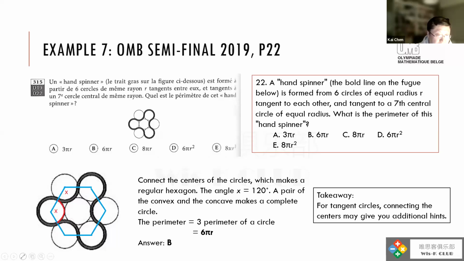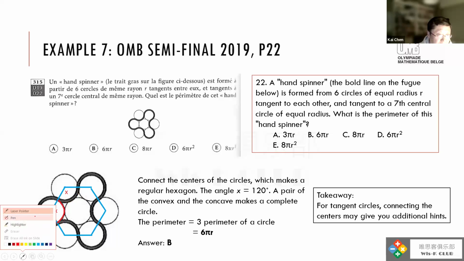So by this we know this curve is the same length as this curve, because the radius is the same, and both have 120 as the angle. So the black curve is the same as the red curve, because the radius is the same and the angle is the same.